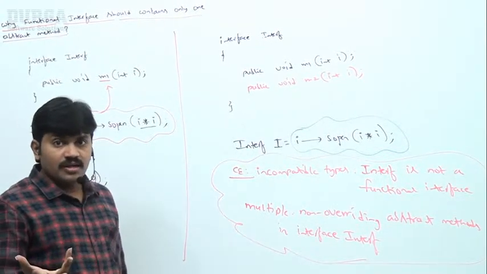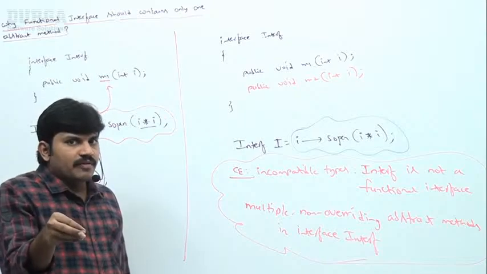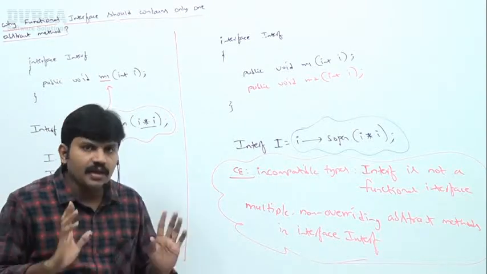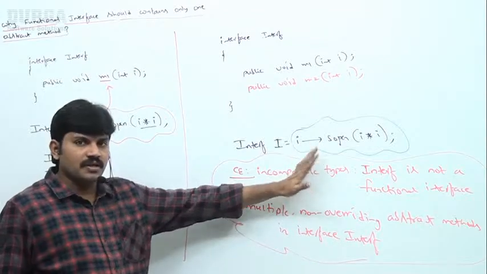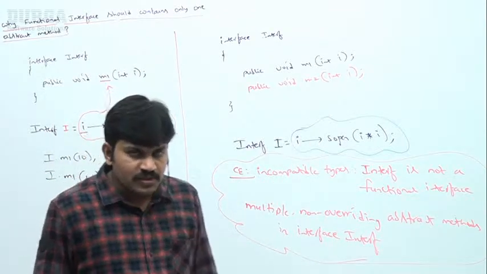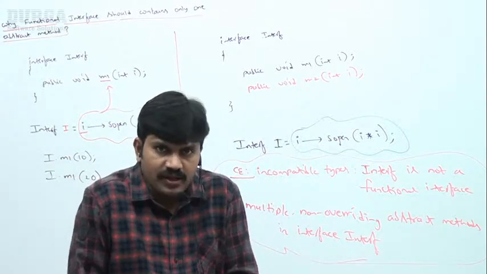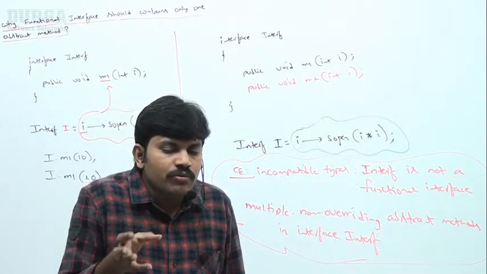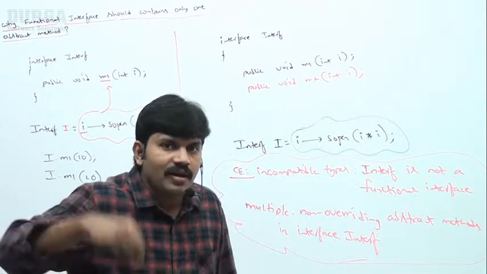Make sure, sir, now you can identify the reason why a functional interface should contain exactly one abstract method, right? Sir, what is the purpose of a functional interface? To invoke a lambda expression, correct? To represent a lambda expression. Sir, a lambda expression should map to some method of the interface.